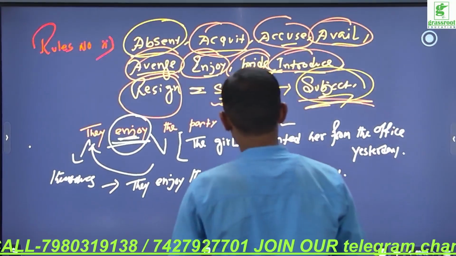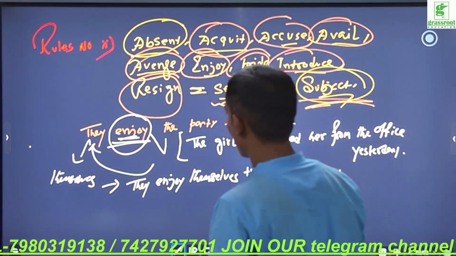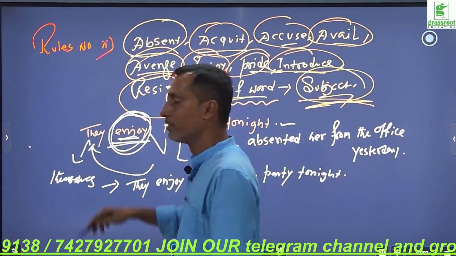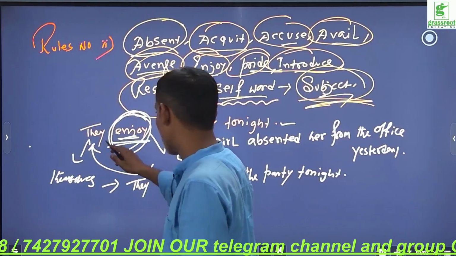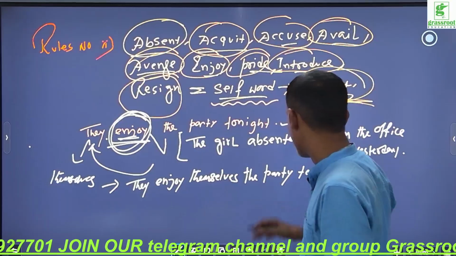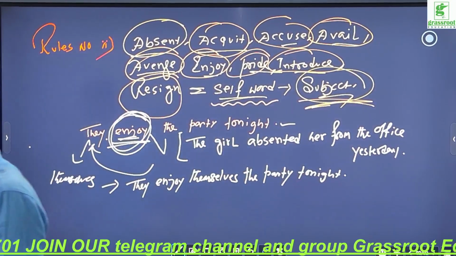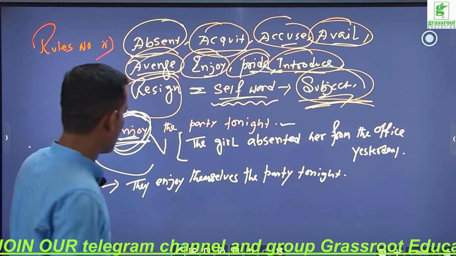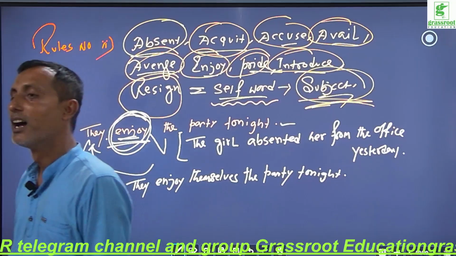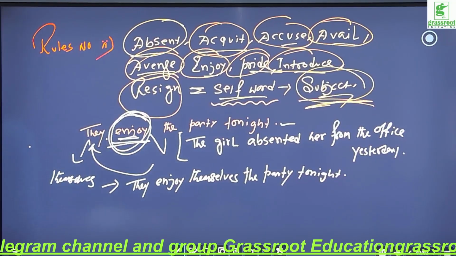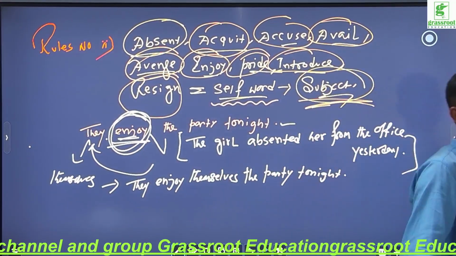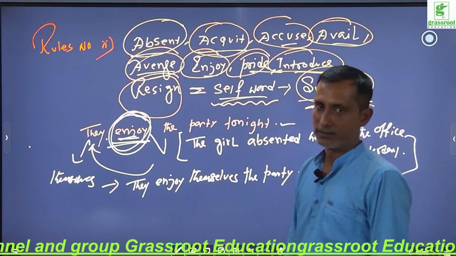They enjoy themselves the party tonight, because here they enjoy the party tonight. That's why the verb enjoy takes a self word according to the subject. So they in self form is themselves. Is it clear? Again, I give you another example. The girl absented her from the office yesterday. What should be the error in this sentence, or what should be the correct sentence? Please tell me, both online and offline.